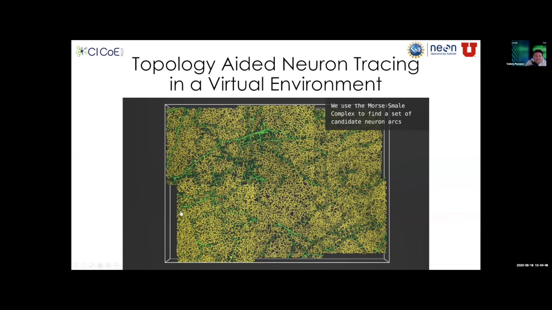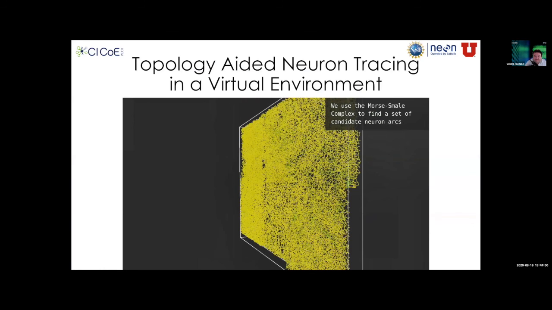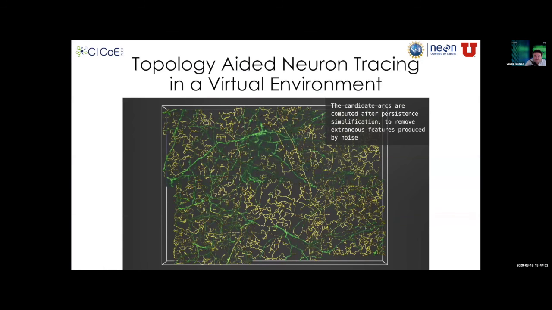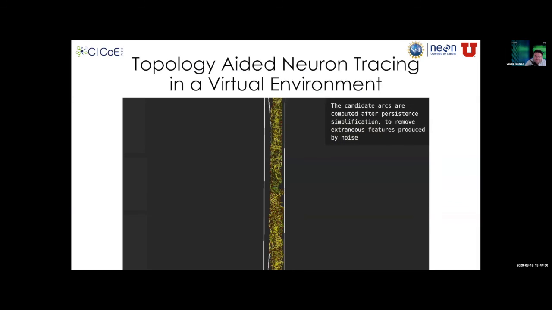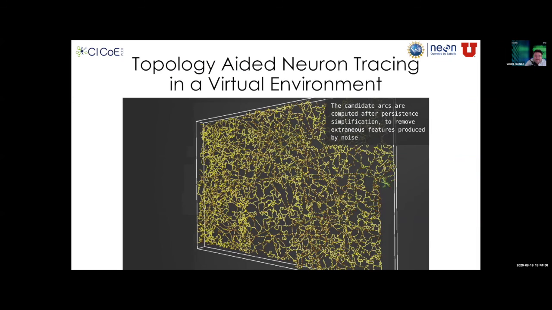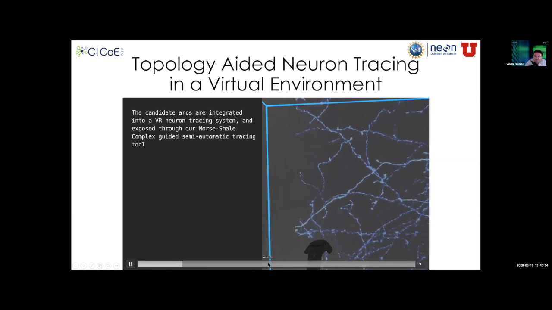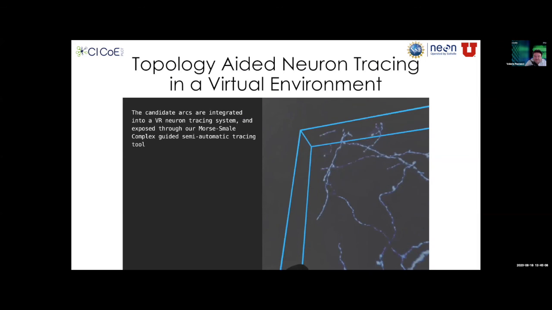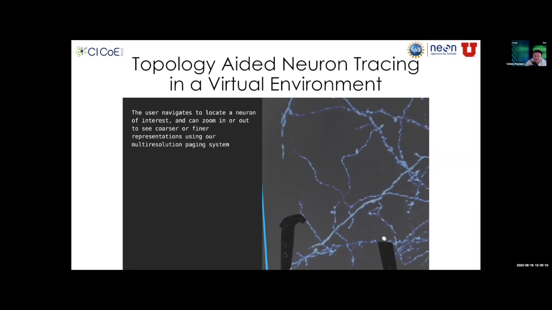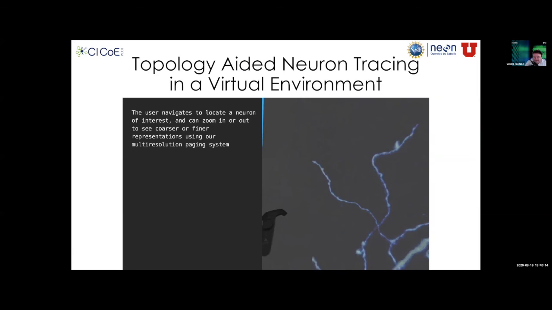So this is a visualization of recent progress in this segmentation: first a pre-segmentation of all possible paths in the brain, and then support from the user to identify which paths represent accurately the connection with different neurons, and that's how they would reconstruct the main circuitry in the brain.